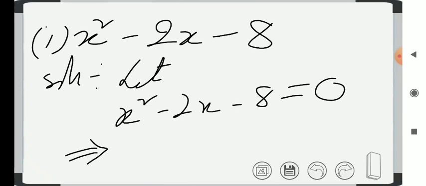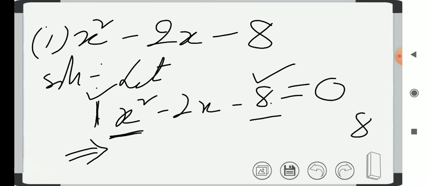Look at the extreme left and the extreme right. What is the coefficient on the extreme left? 1. What is the number on the extreme right? 8. Multiply these: 1 into 8 is 8. The middle one is 2.